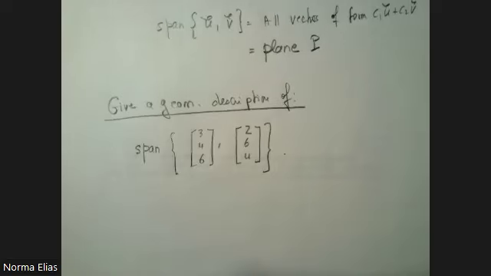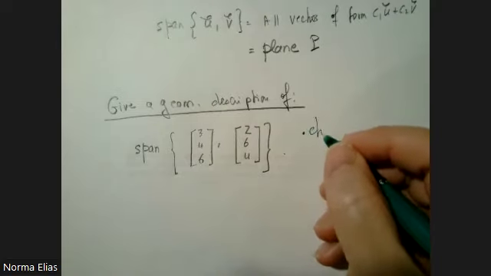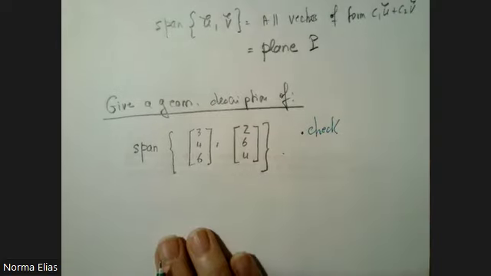Okay, give a geometric description of this span. Always, step number 1, you check if they are scalar multiples.